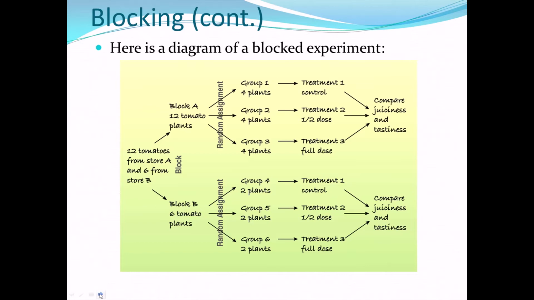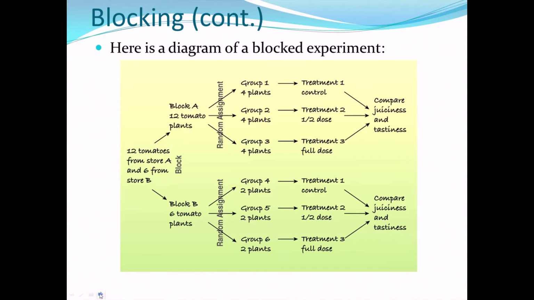So now they've got 18, but they have a concern that the tomato plants from the 2 different stores are different somehow, or have received different care. So how can we design the experiment so that differences between the stores don't mess up our attempts to see differences among fertilizer levels? We can't measure the effect of a store the same way we can the fertilizer, because we can't assign it at random. In other words, you can't tell a tomato what store to come from. Okay?